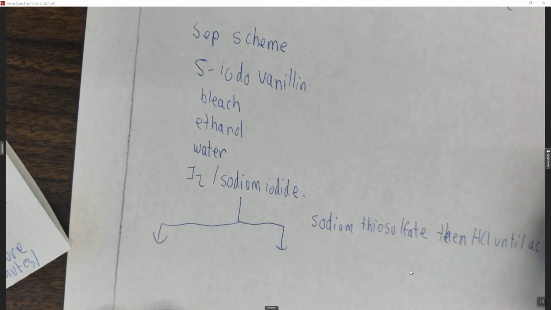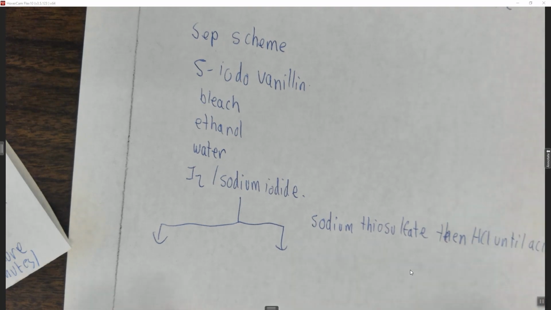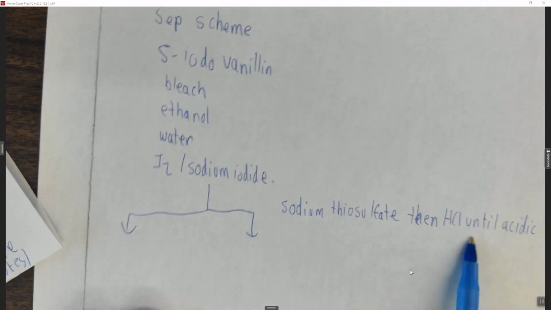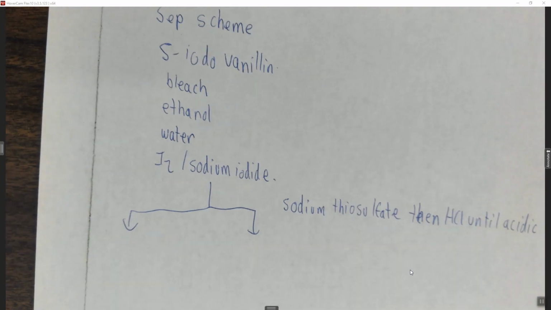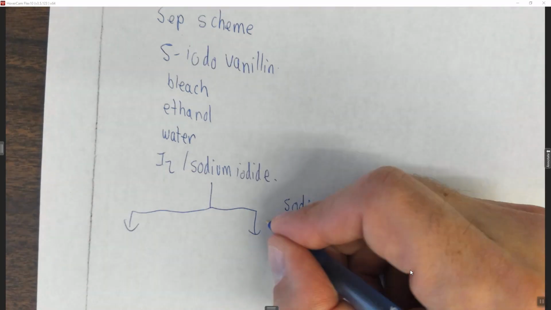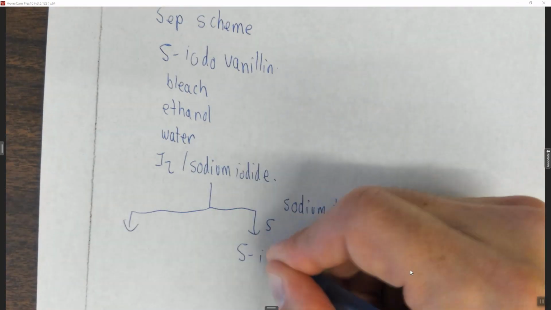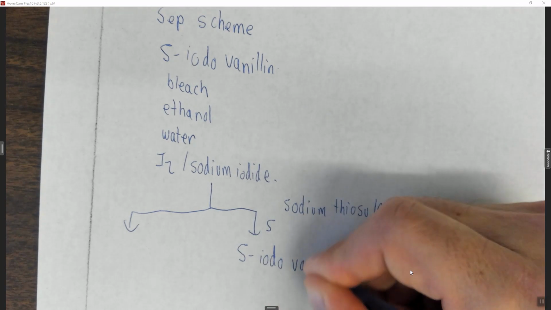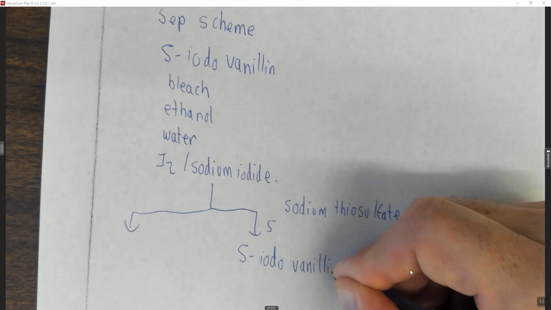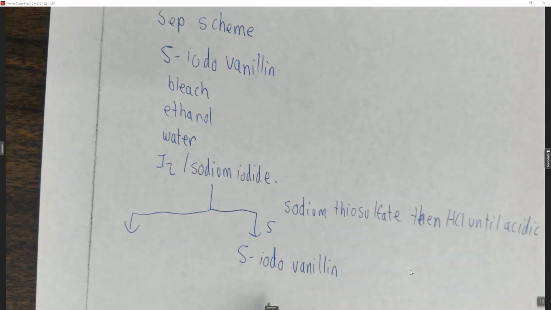And if you remember, it should take somewhere around 6 milliliters of this, but you could just test it with pH paper to make sure that you have an acidic solution. What we're going to hopefully do is precipitate our 5-iodovanillin.